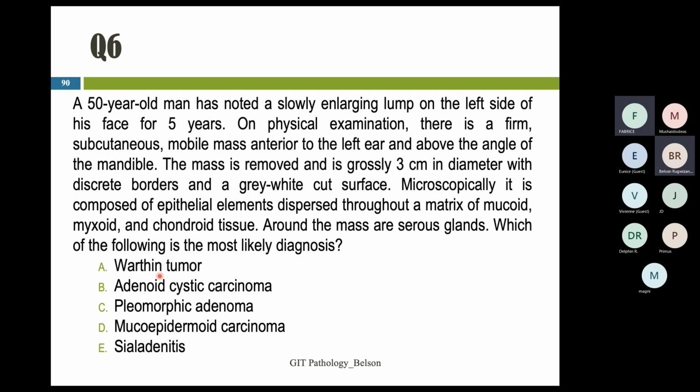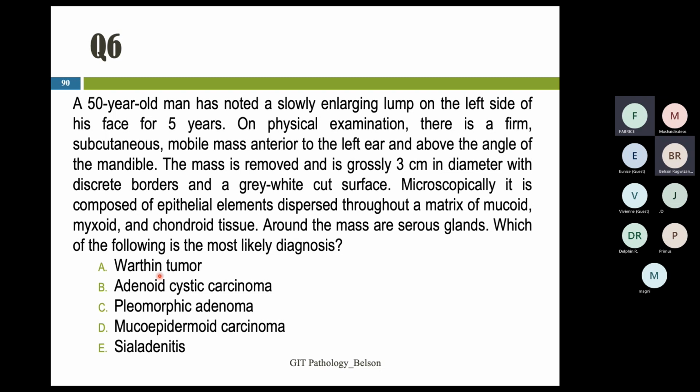The 6th question: a 50-year-old man has noted a slowly enlarging lump in the left side of his face for 5 years. Physical examination shows a subcutaneous mobile mass anterior to the left ear and above the angle of the mandible. Remember, there's a tumor we mentioned which affects there.